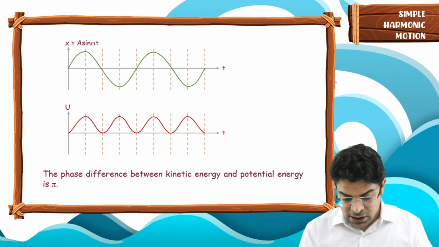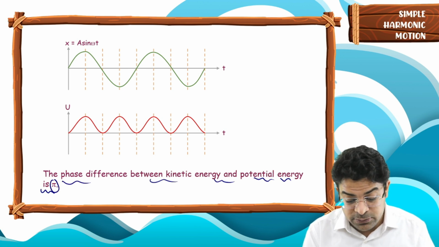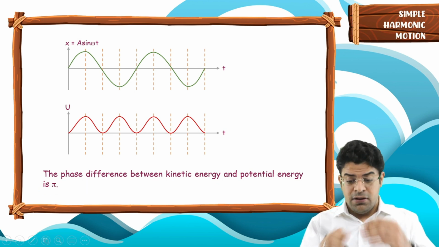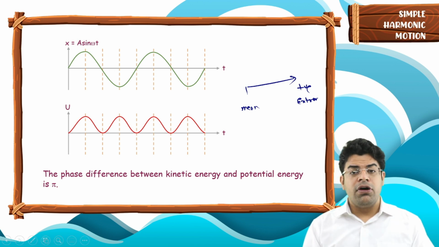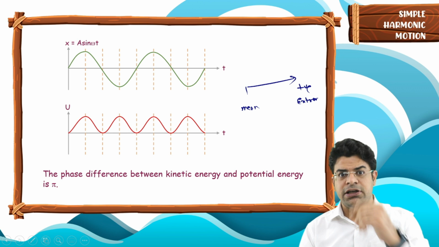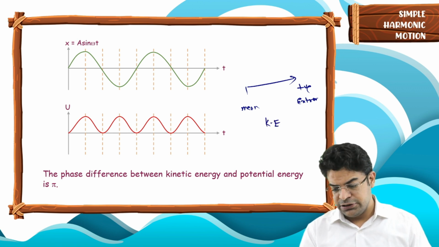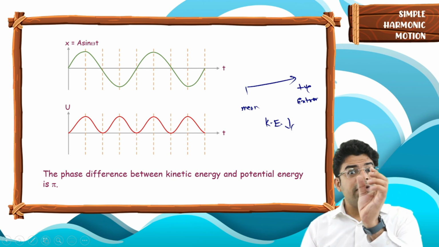Remember one thing, the phase difference between kinetic energy and potential energy is pi. As the particle goes from mean to positive extreme, what happens to kinetic energy? As the particle goes from mean to positive extreme, the speed decreases. Yes. So the kinetic energy decreases. As the particle goes from mean to positive extreme, the value of x increases.